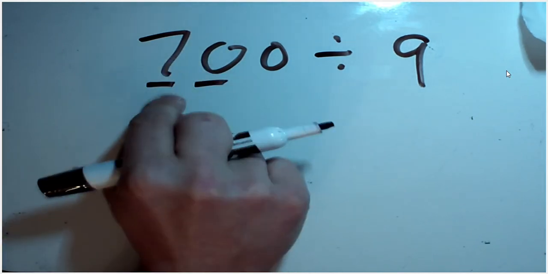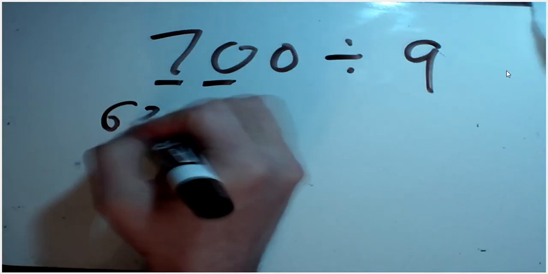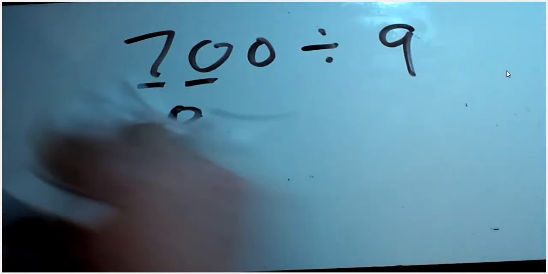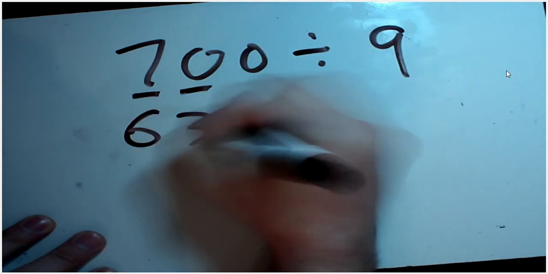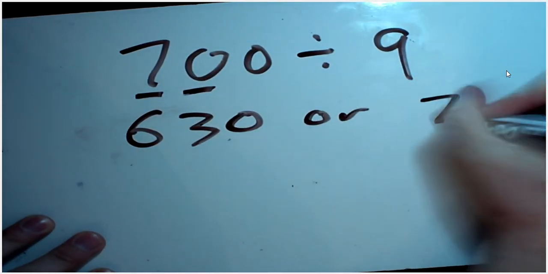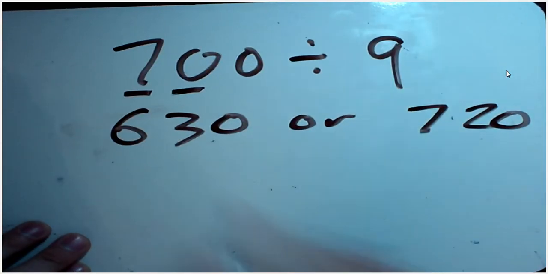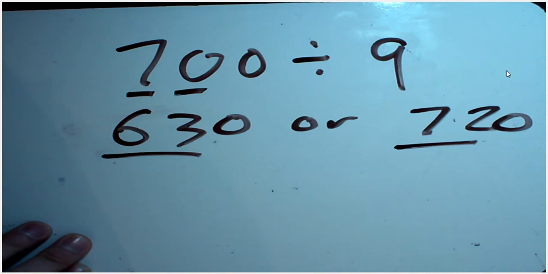So I can make the 700 into the compatible number 630, sorry, I'm messing up, or 720. That's where that 20 came from. I know that 63 would be a product of two factors of 9, and also that 72 could be a product of a factor of 9.